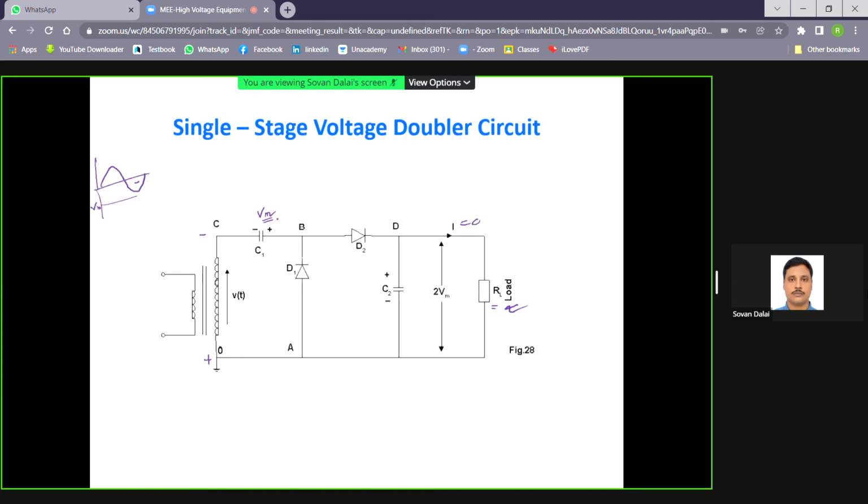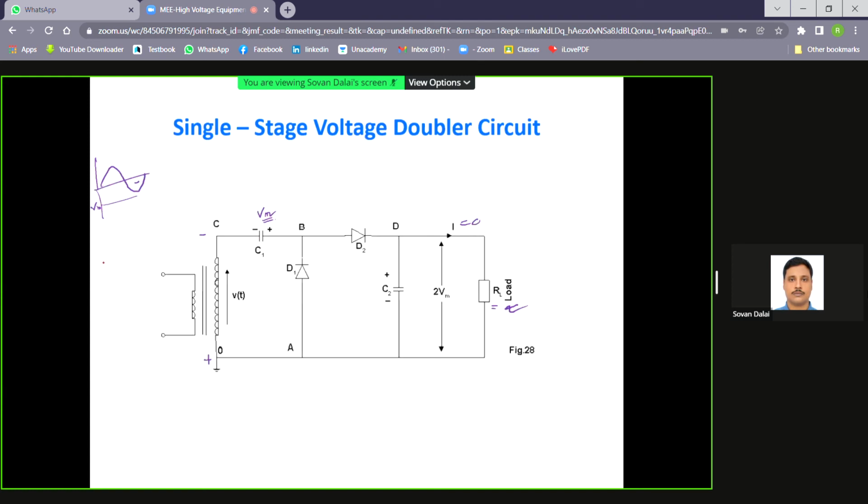So in the negative half, diode D1 conducts and charges the capacitor C1 to the maximum Vm potential.